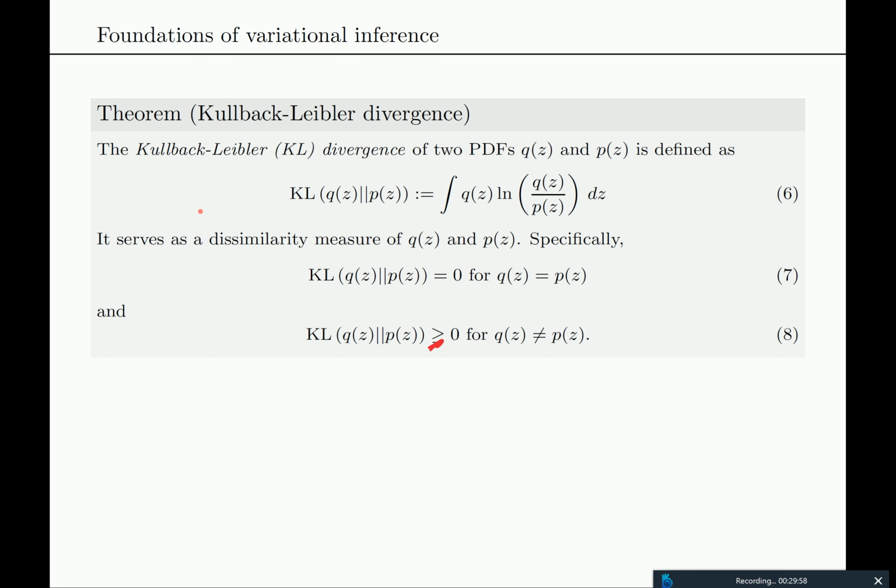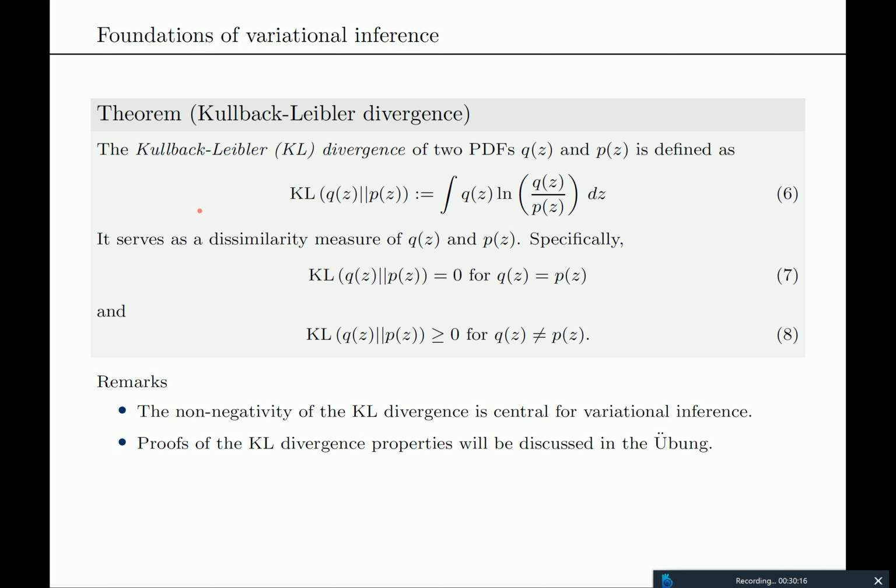There are measure theoretic foundations of KL divergences and entropy and so on, but variational inference not yet. So the most important thing from our perspective is that the KL divergence is non-negative and it's zero only if the two PDFs are the same. These properties we will discuss in the Übung.